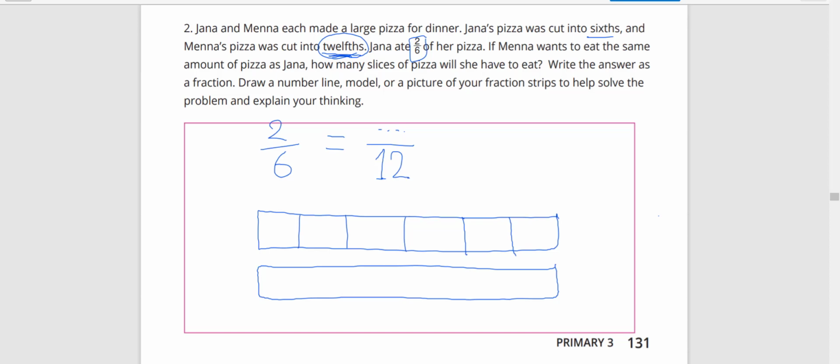We can divide it into 6 equal parts and each part divided into halves, so we get 12 equal parts.